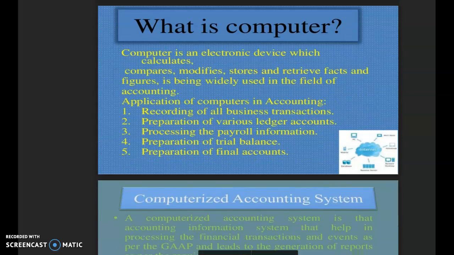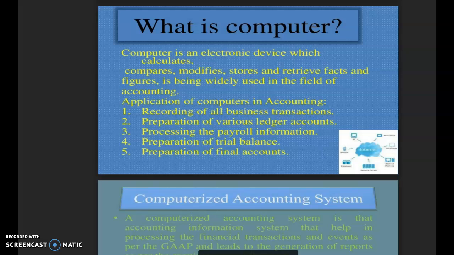Now, first of all, what a computer is. I hope it is not required to explain this, but simply for your recall and revision, we say a computer is an electronic device which calculates, compares, modifies, stores and retrieves facts and figures, and is being widely used in the field of accounting.